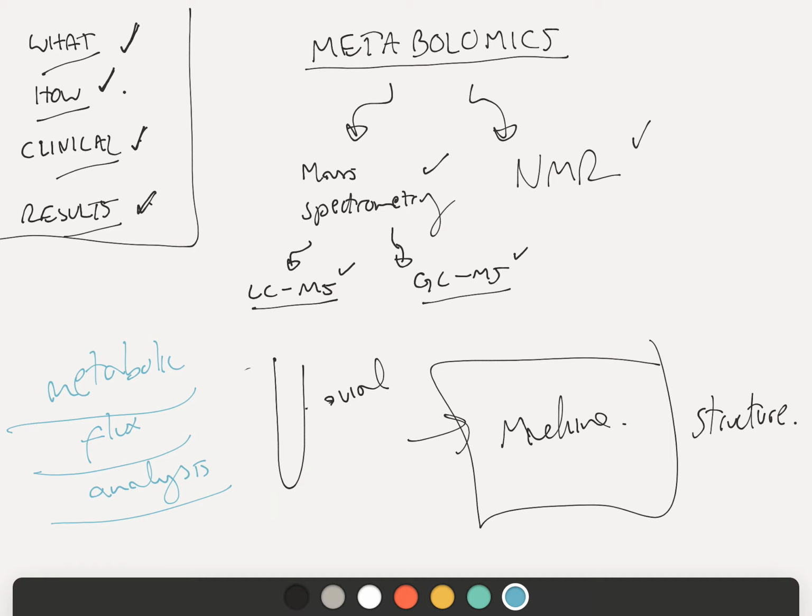So in our case, let's take our example again, creatinine. If there is a large increase in creatinine in a small amount of time, we would say that there was a high rate, and that would be the result that you would correlate with this huge fancy term, metabolic flux analysis. Let me give you another example.